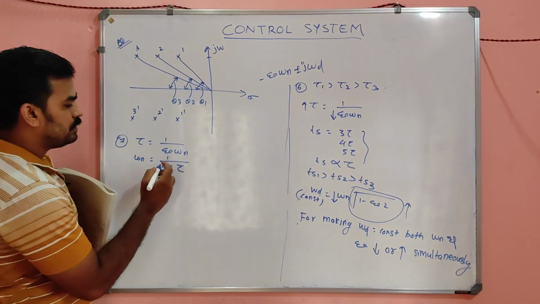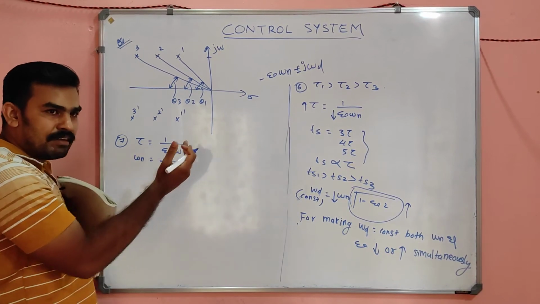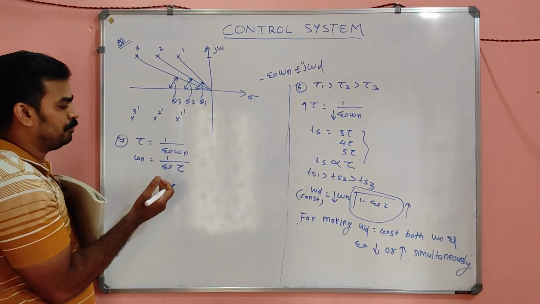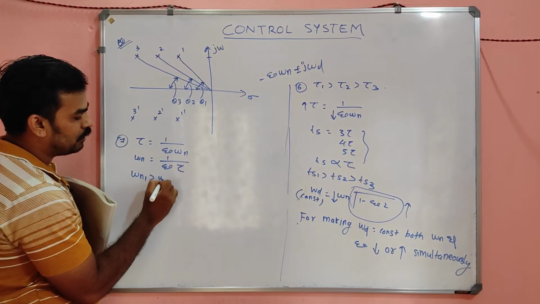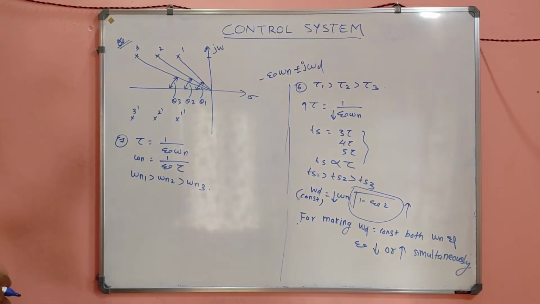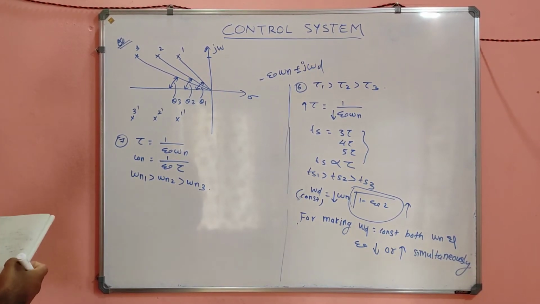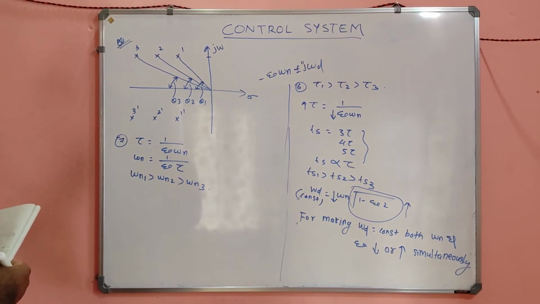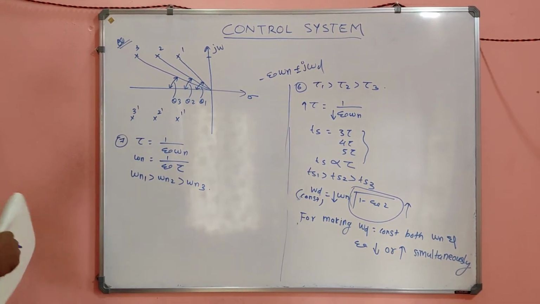If zeta 1 is less than zeta 2 less than zeta 3, then zeta 1 is the least value. So omega n will be the highest value. So I can write omega n1 greater than omega n2 greater than omega n3. Correct? Zeta 1 will be the least value, so omega n1 will be the highest.